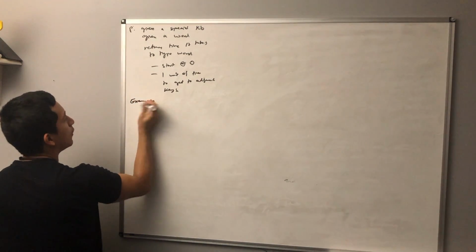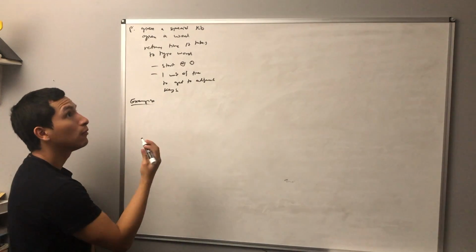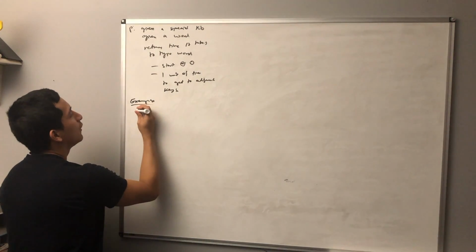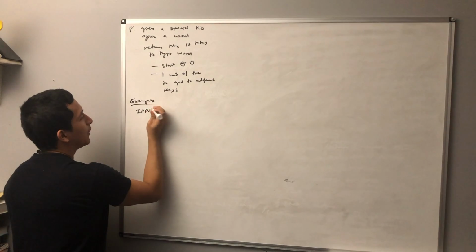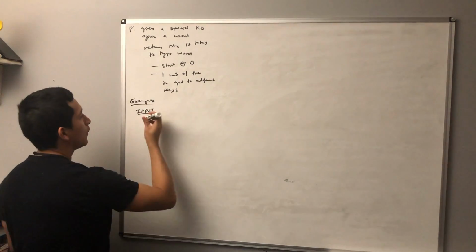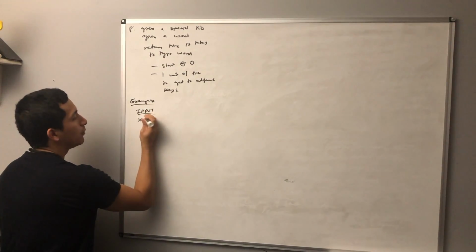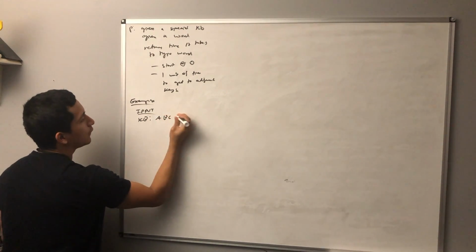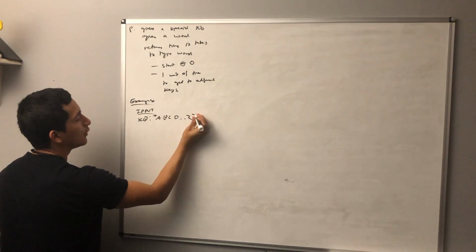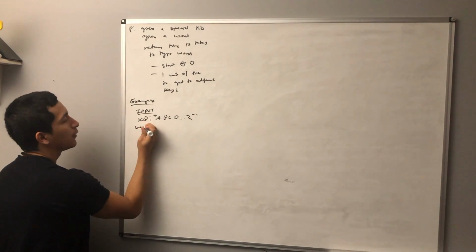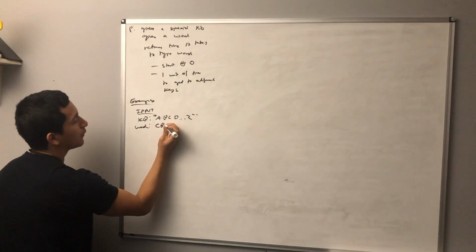Imagine the special one row keyboard that we got was just the alphabet, like the regular A, B, C all the way to Z. So the keyboard would be A, B, C, D, all the way to Z, and the word we want to spell is CBA.